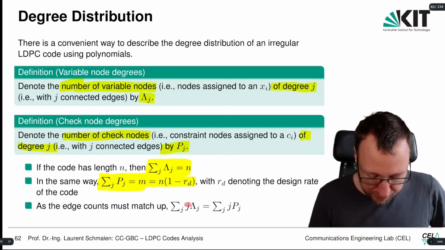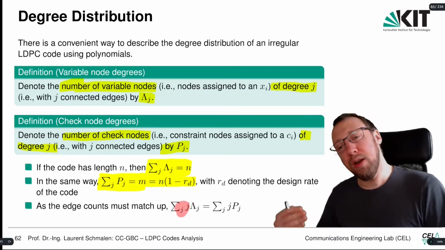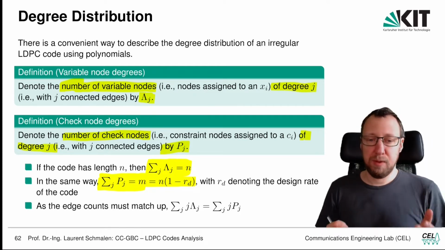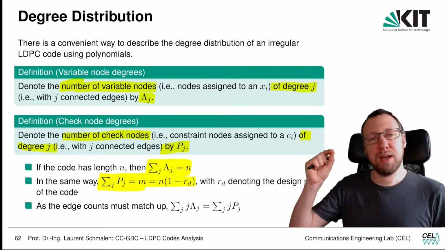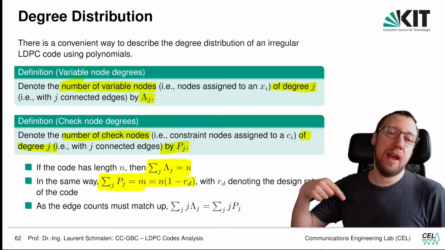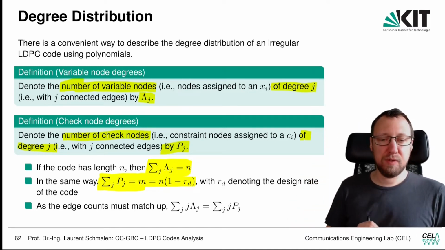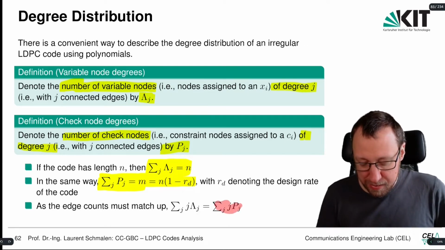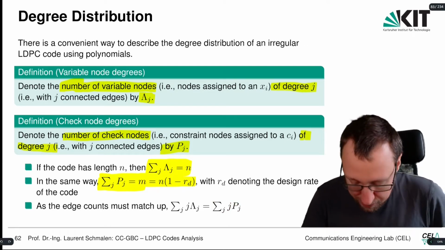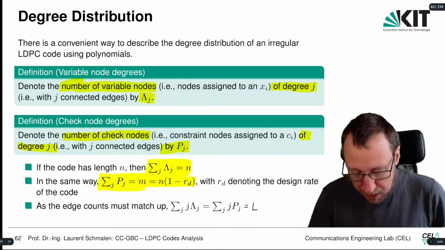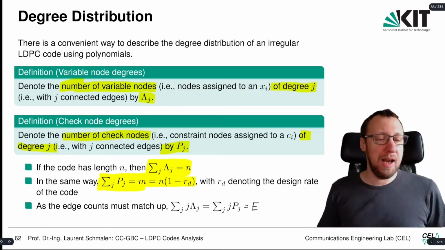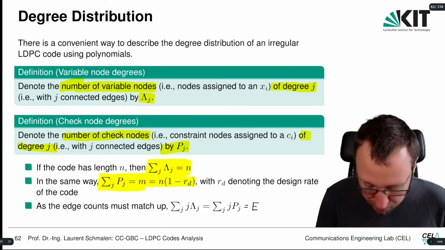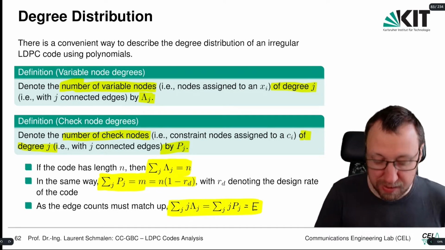And we can do the same thing coming from the other side, from the check nodes. We have rho j check nodes of degree j, and they have j connected edges. So the sum of all j times rho j is also the number of edges, and this must be equal to the sum of all j times lambda j. This is another condition that this degree distribution needs to fulfill.